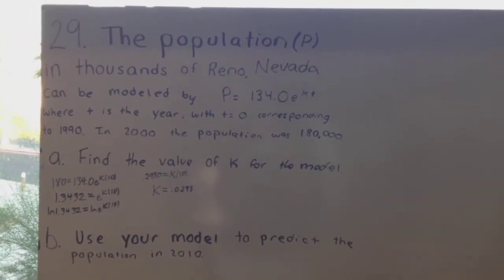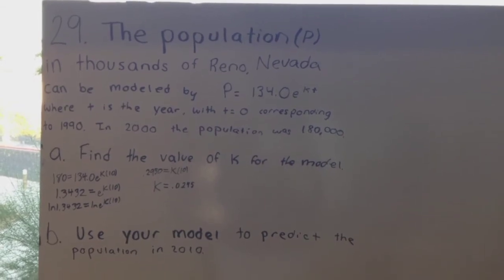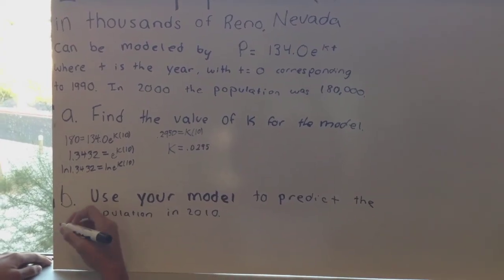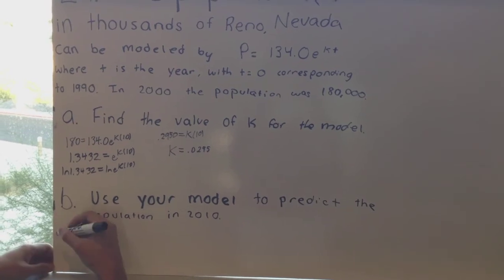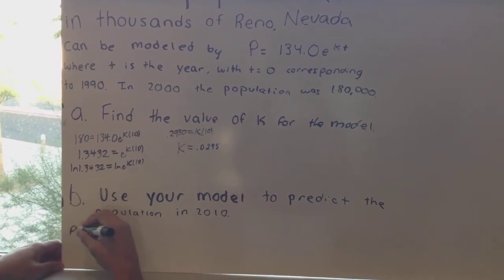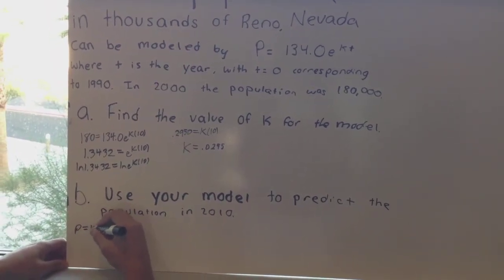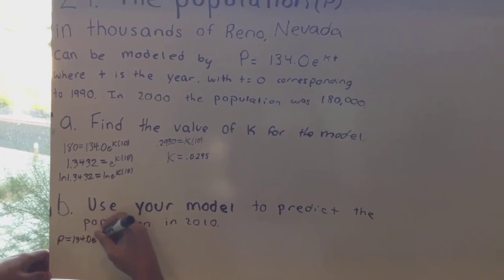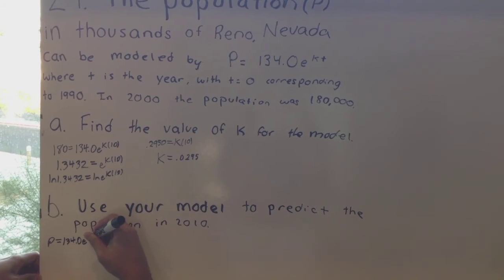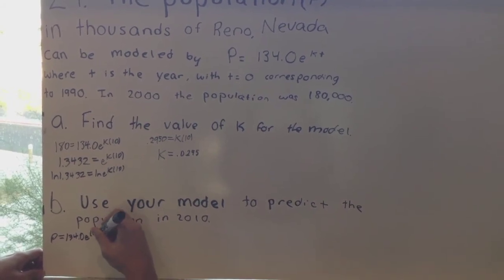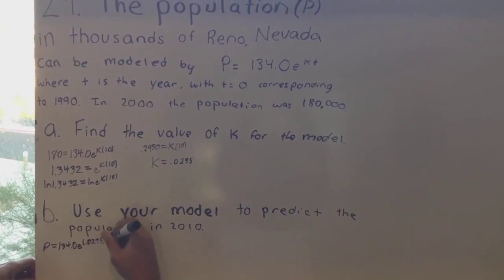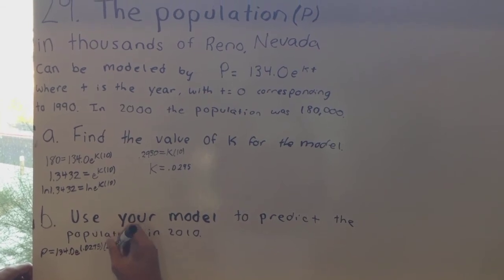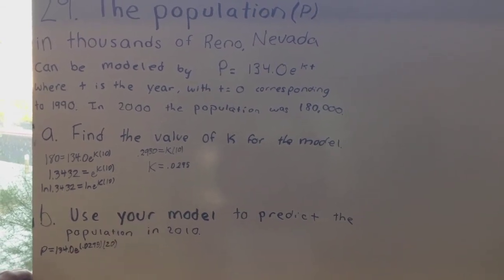For problem B, you're going to use your model to predict the population in 2010. Keep in mind for k, you're going to use the same number you got for the answer to problem A. So k would equal 0.0295, and t would be 20 years because you started out in 1990 and jumped to 2010.